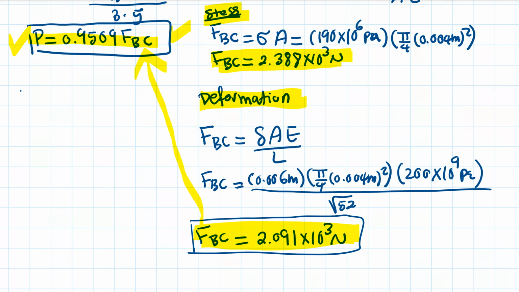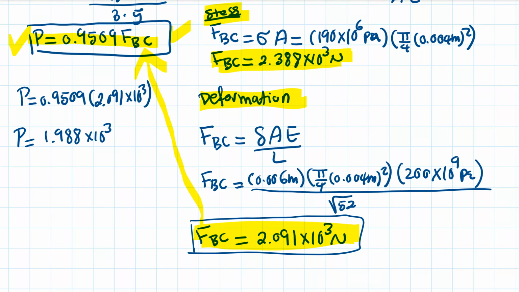So that will give us B equal to 0.9509 times the force FBC, which is this one that we have, 2.091 times 10 to the power 3, so that the load is 1.988 times 10 to the power 3 Newton, or we can say the load is 1.988 kilonewton.